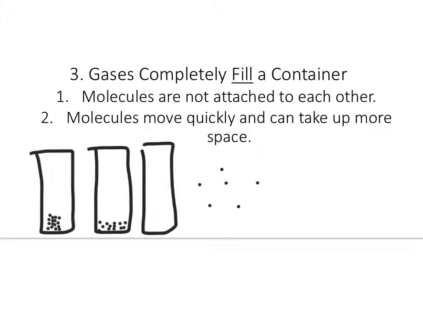Same amount of dots with a liquid. This, let's pretend this is what the gas starts out as. Let's see, 1, 2, 3, 4, 5, 6, 7, 8, 9, 10, 12, 13, 14. Okay, so that is what they all, we'll say, start as.